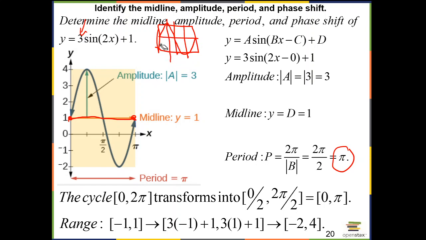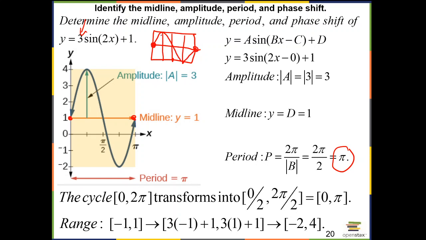But what these numbers are, we can figure out, of course. So we already know the midline is y equals 1, right? And we know the length of it is pi units. So all we have to do is think of the original sine function, right? The original sine function.